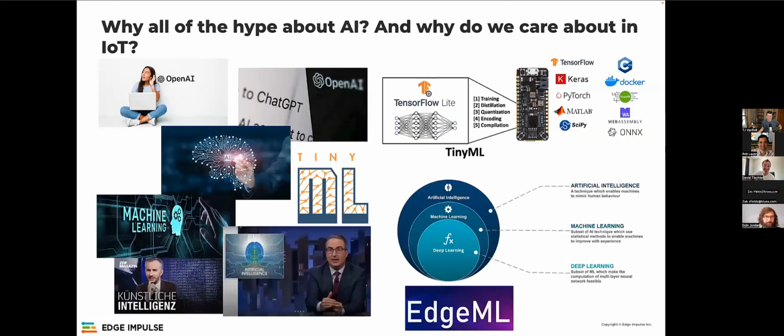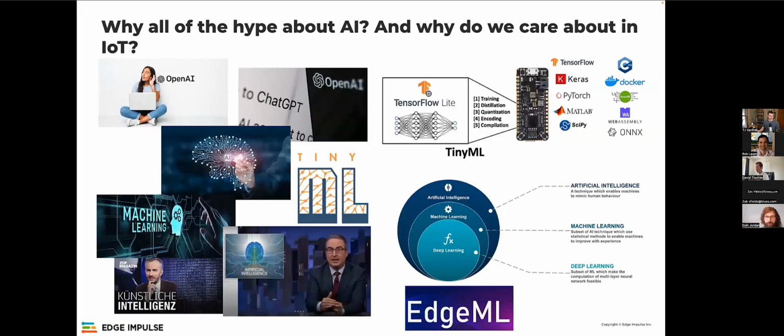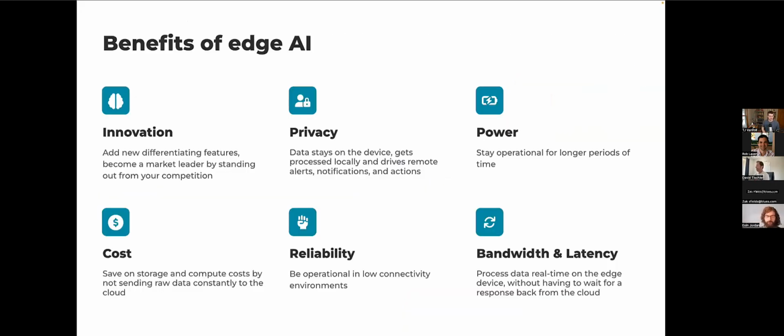So yeah, this is the hype about AI in the media at the moment. And why do we care about that in IoT? So I guess Rob kind of alluded to this at the start, and some of these problems with IoT that they've solved in Blues Wireless around privacy and security, power, bandwidth and latency, reliability.